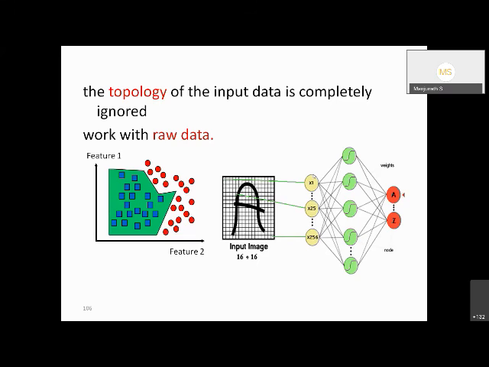So these are some of the major issues in neural networks. They work on the raw data, but they lose the topological, spatial, and temporal information, which is very essential for today's applications.